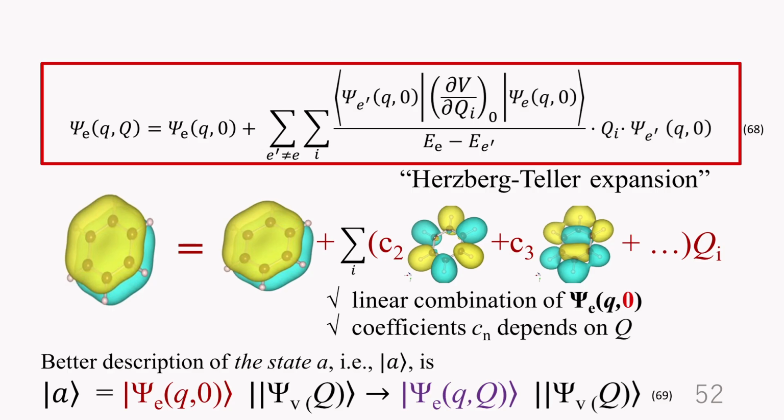So the mixing nature depends on each vibration. But anyway, instead of expressing the wave function by considering the electronic wave function and vibration wave function separately, we should use the electronic wave function with the mixing along the vibration Q, and the vibration wave function.